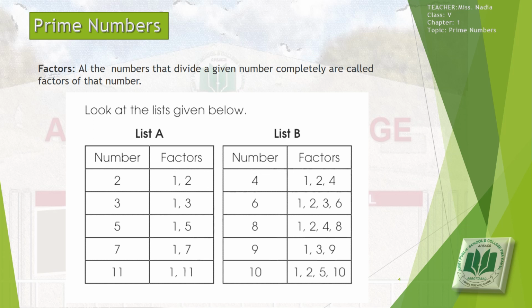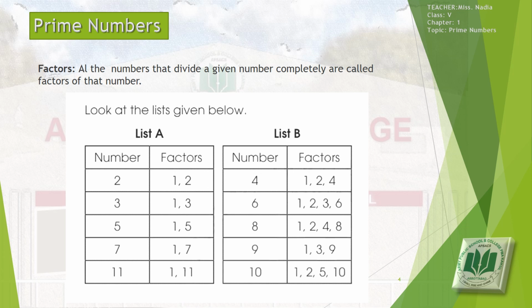Look at the list given below. In list A, the first number is 2. Now check which numbers divide 2. Here we have only two numbers that divide 2, 1 and the number itself. So the factors of 2 are 1 and 2. And in list B, we have the numbers 4, 6, 8, 9 and 10. Check the factors of 4. 1 divides 4, 2 divides 4 and 4 divides 4. 4 has 3 factors.